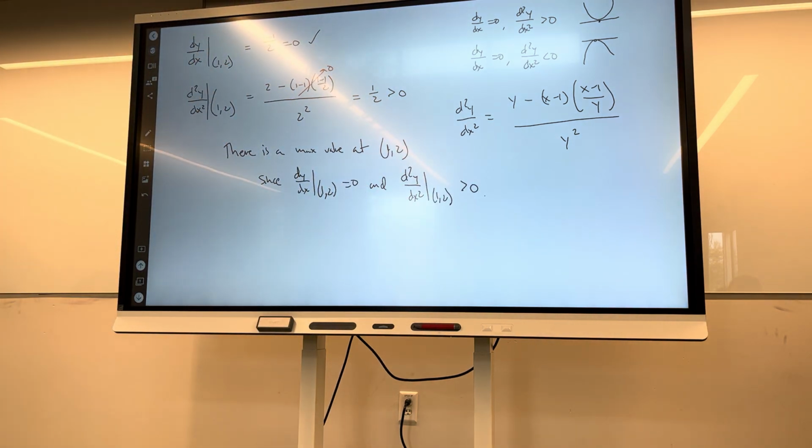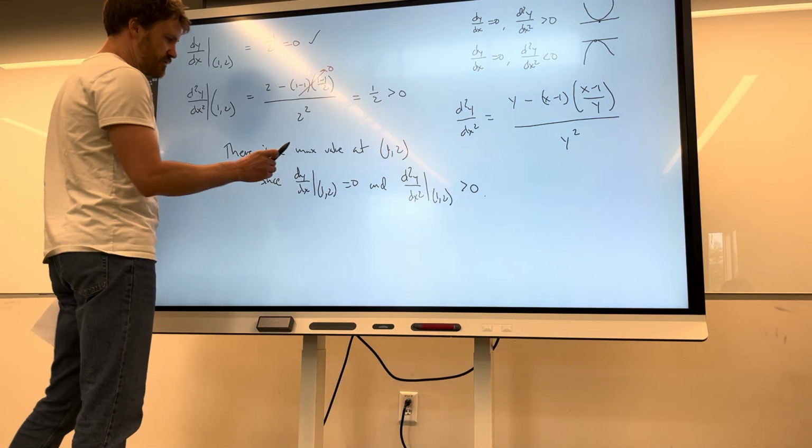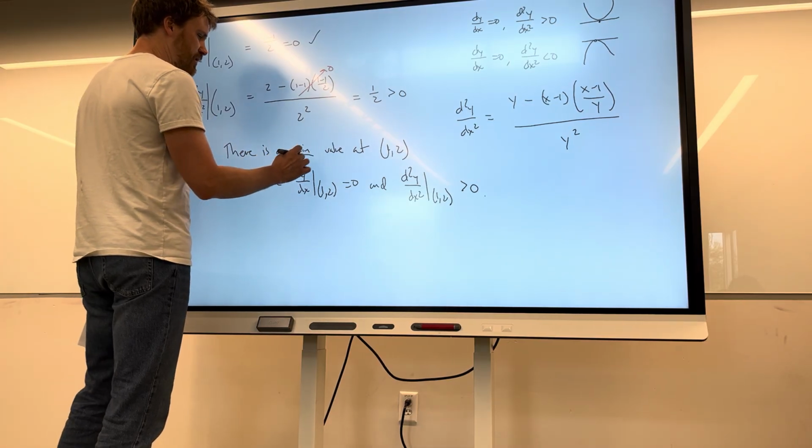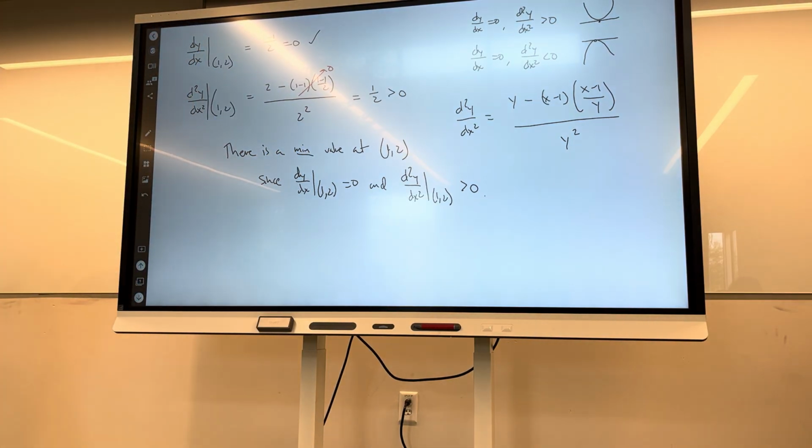If you have your slope being 0 and your concavity being up, second derivative positive, then you end up with a min. Am I right? Min? Is it a min? Yeah. Okay, min. There we go. Minimum value. You guys are good?